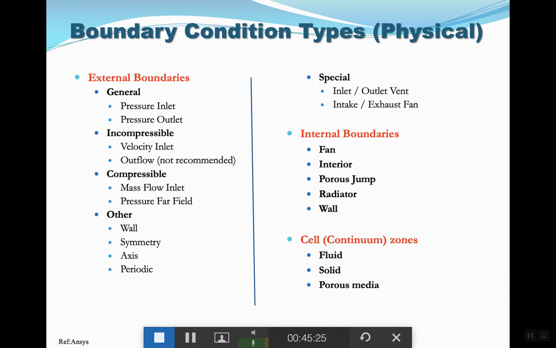So what the interior is, it is basically not a boundary condition, and it is what we call a procedure that your software uses.